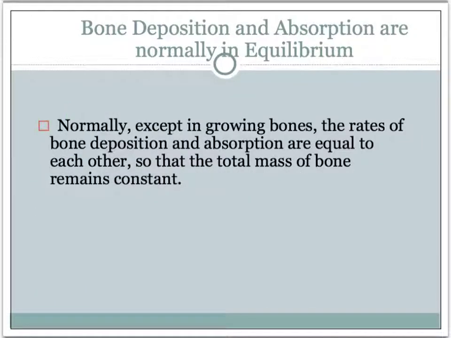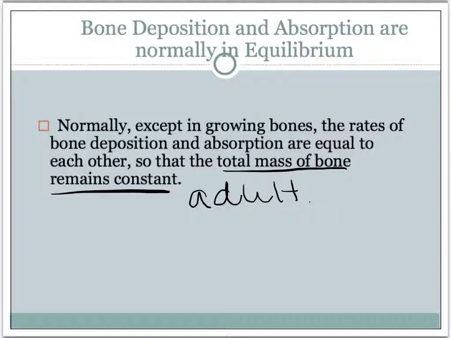Okay, your body, like I told you earlier, is almost always in equilibrium, except in growing bones. The rates of bone deposition and absorption are always going to be equal to one another, unless you're growing a bone from development or possibly an injury. So the total mass of the bone should remain constant as an adult. We're not talking about children here, we're talking about adults.